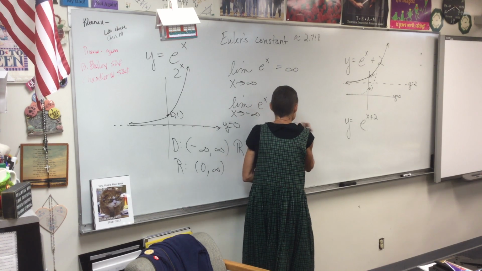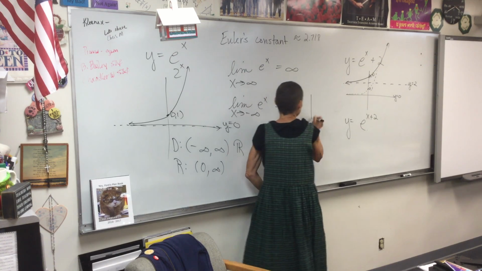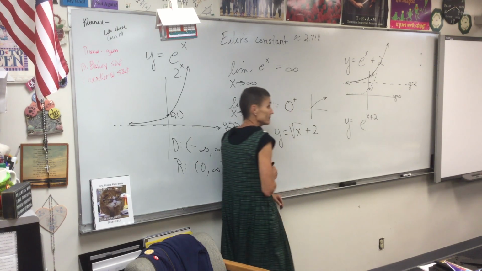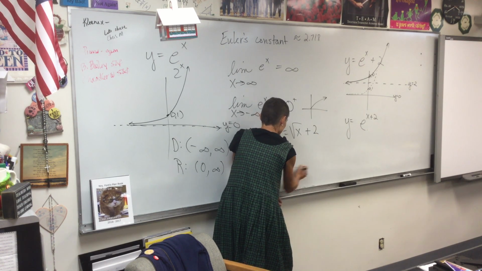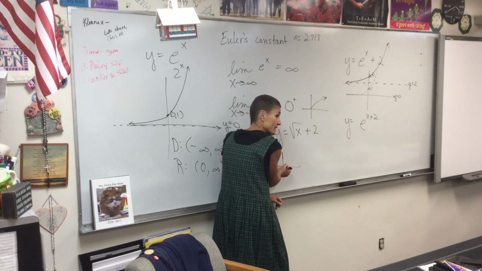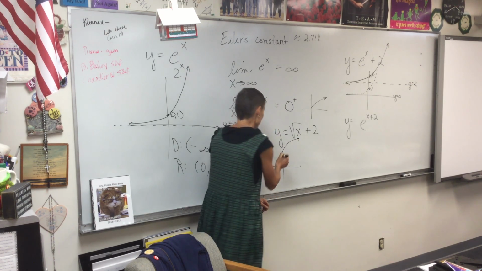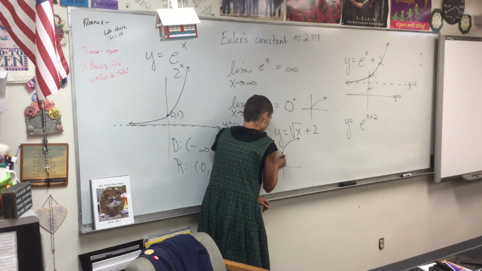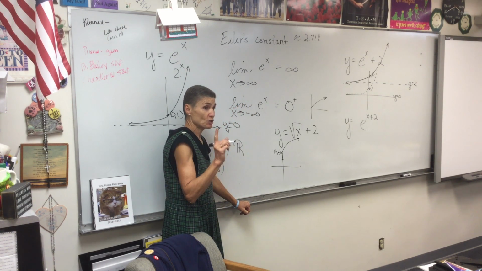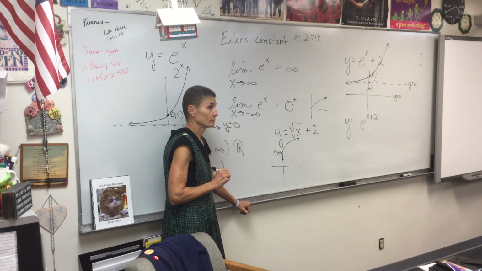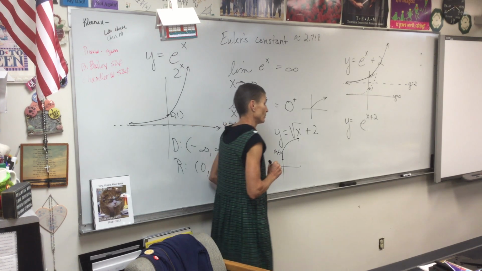So if you had this one, remember what that looks like. That looks like that. So this would take that picture, and instead of starting at the origin, it would start up here at 0, 2. You gotta have the shapes memorized, people. So start memorizing them. We're only halfway through them.